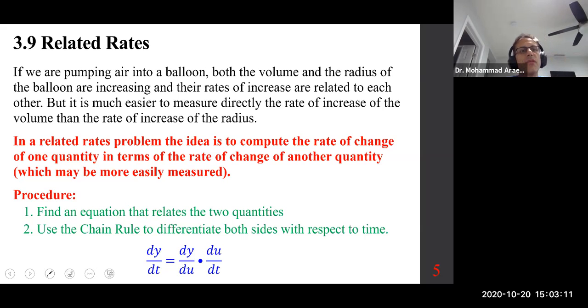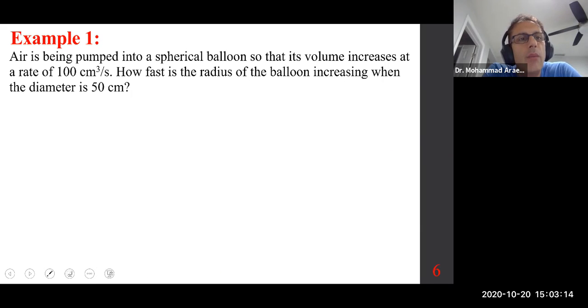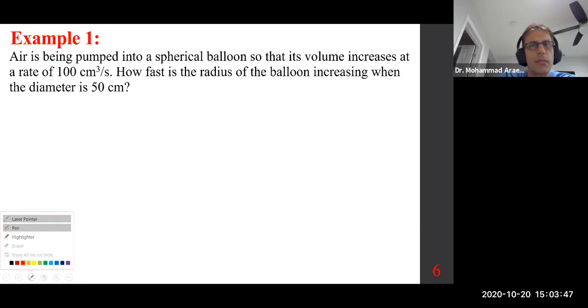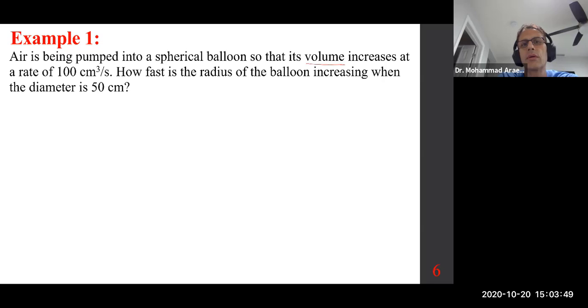So we get the very first example. Air is being pumped into a spherical balloon so that its volume increases at the rate of 100 cubic centimeters per second. We want to know how fast the radius is increasing when the diameter is 50 centimeters. The very first thing is we are looking at a spherical shape, and we want the volume to be related to the radius, which means we have to find a relationship between the two.